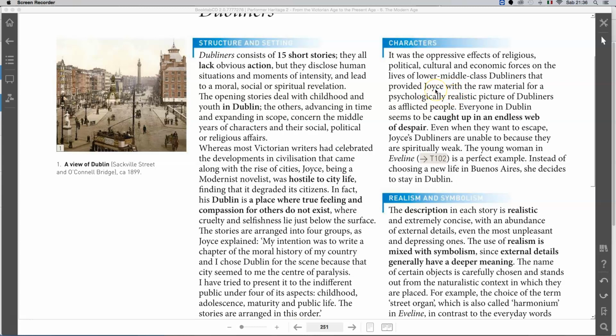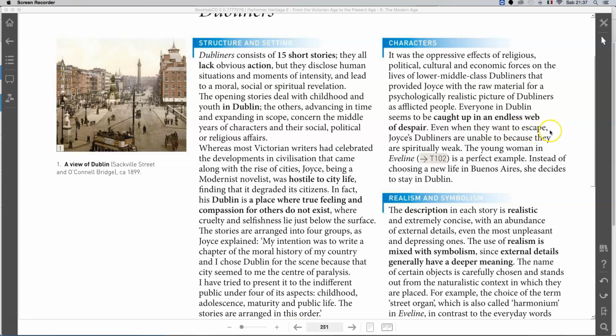Joyce tried to use their lives as raw material for a psychologically realistic picture of these citizens of Dublin, described as afflicted people. Everyone in Dublin seems to be caught up in an endless net of despair.